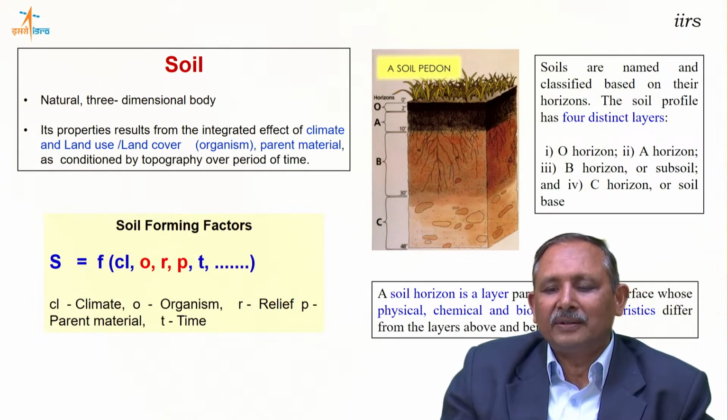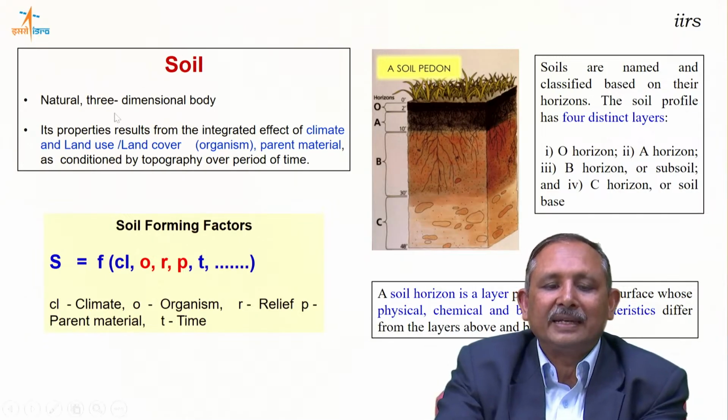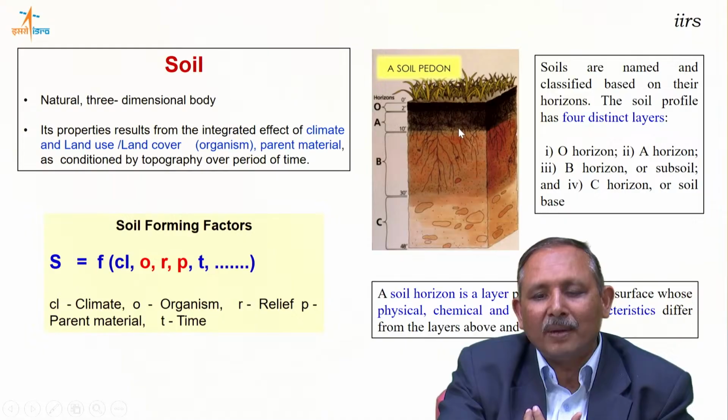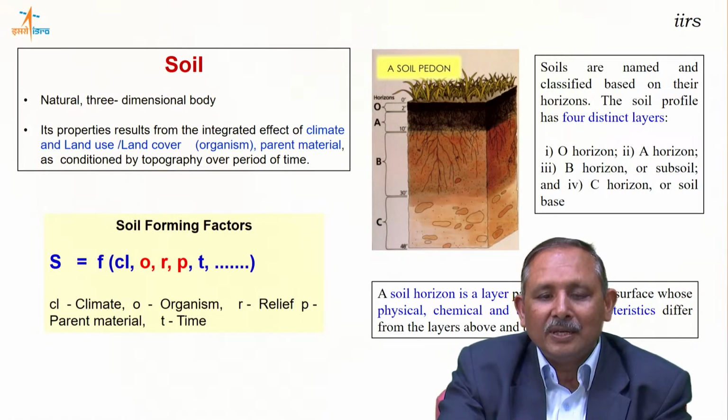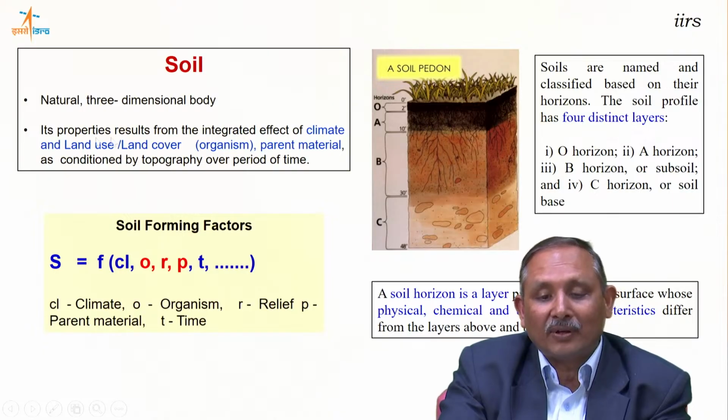So first, the definition of soil: you can say soil is a natural three-dimensional body. When we talk about soil mapping in other lectures, tomorrow and the day after tomorrow, we will talk about the traditional, or normal, soil mapping, and for that we define soil as a three-dimensional body whose properties result from its soil forming factors.